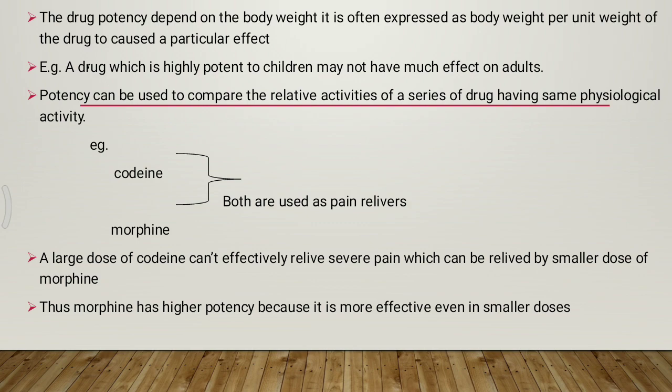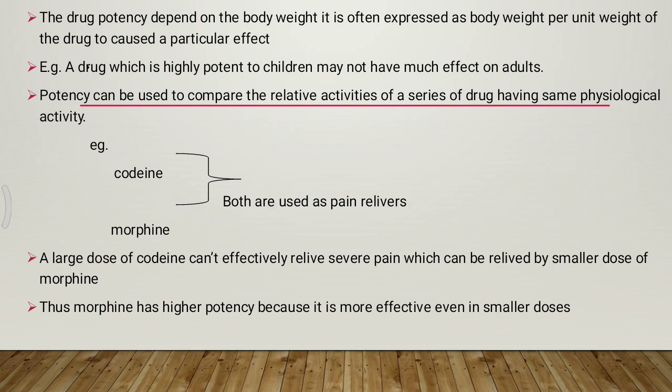Got it? Then potency can be used to compare the relative activities of a series of drugs having the same physiological activity. For example, codeine and morphine.